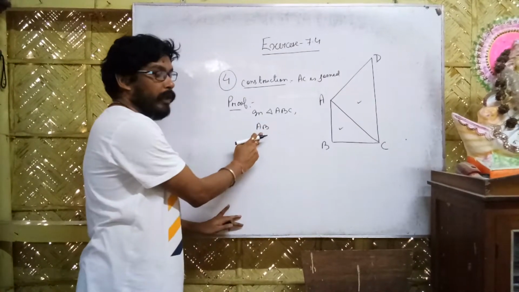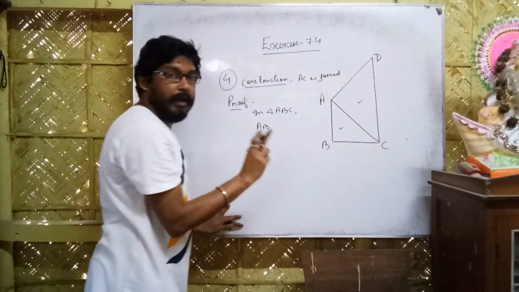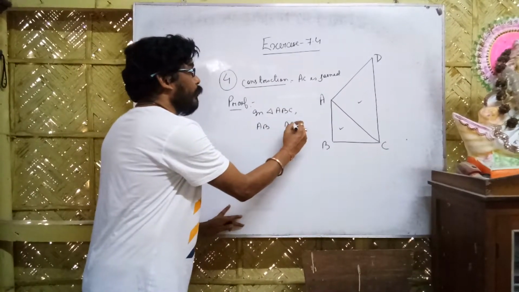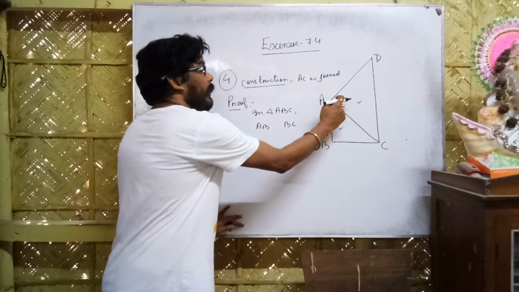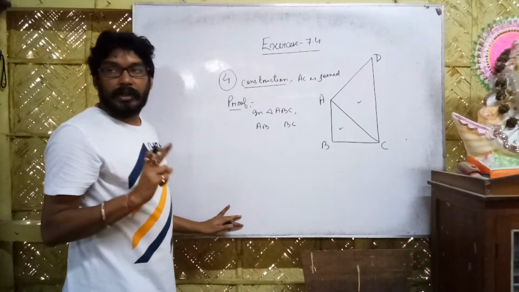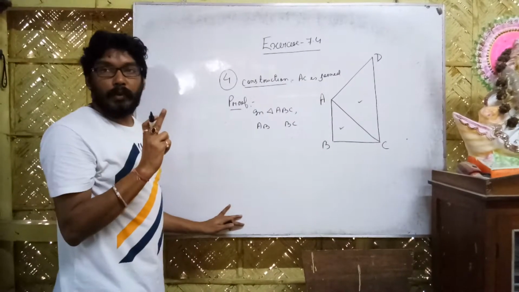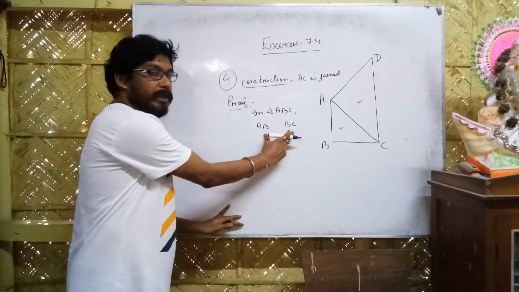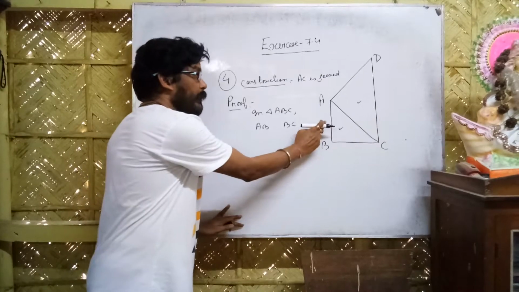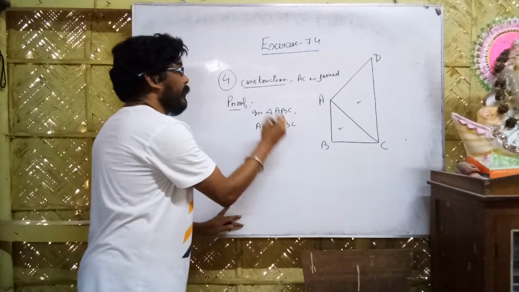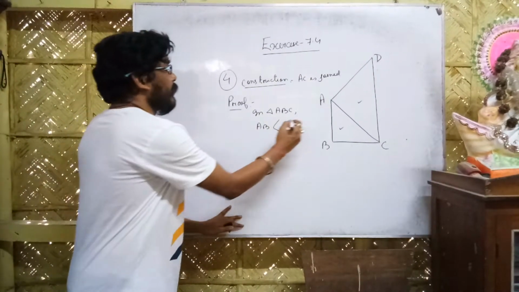AB is the side of the quadrilateral, BC is also the side of the quadrilateral. We will go with the sides of the quadrilateral. Don't write AB less than AC. They did not say anything about AC. They have said AB is the smallest side of the quadrilateral. So you will continue with the sides of the quadrilateral only. Here AB is one side and BC is the other side. So AB is smaller than BC. It is given.